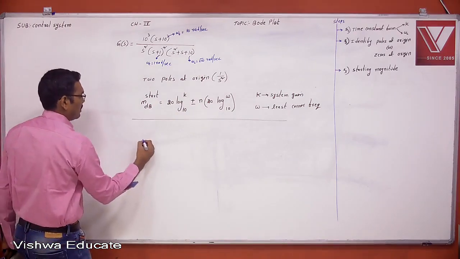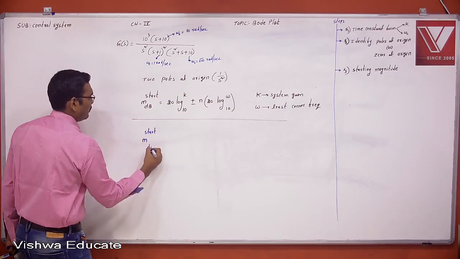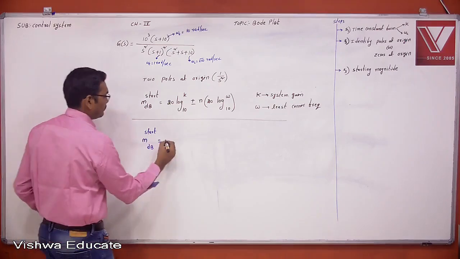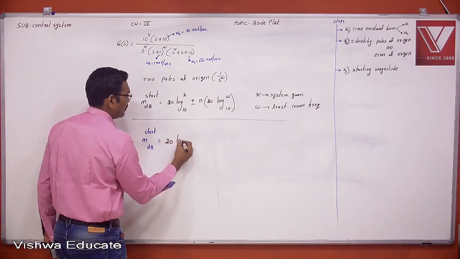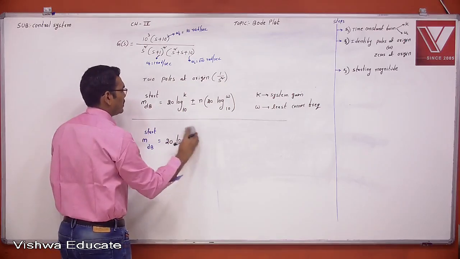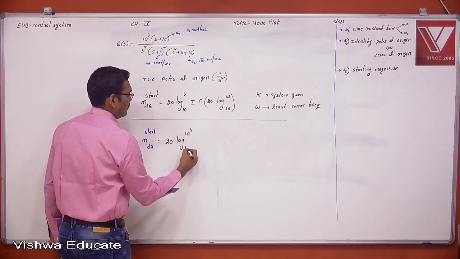Then what is the starting magnitude? In our problem it is 20 log k. What is k? K is already calculated. K is 1000, 10 power 3, log base 10.